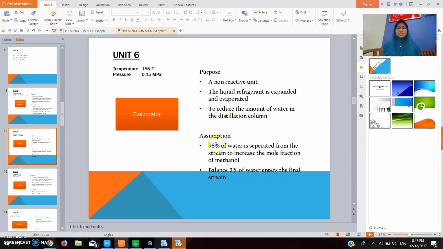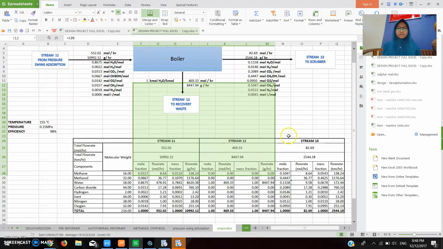The assumption that we made is that 68% of water is separated from the stream to increase the mole fraction of methanol, and the balance 2% of water enters the final stream. The evaporator is also called a boiler. After we have done our calculation on the boiler, we can see that the molar fraction of water is decreased so that we can have a high composition of methanol in distillation.